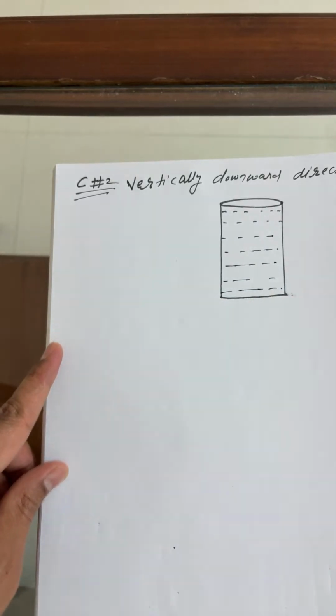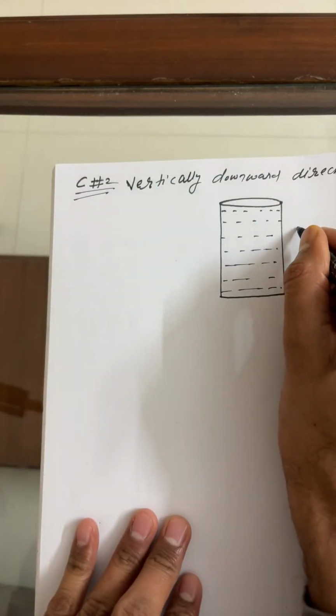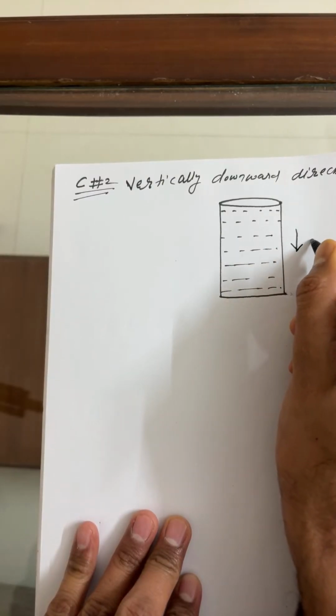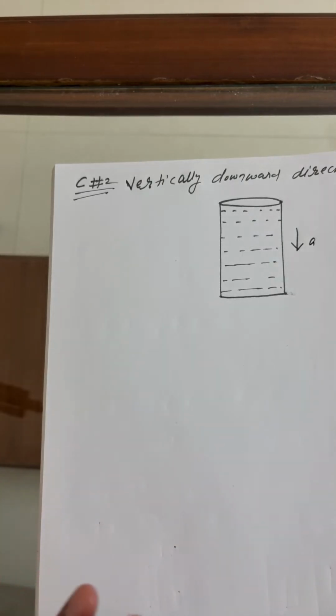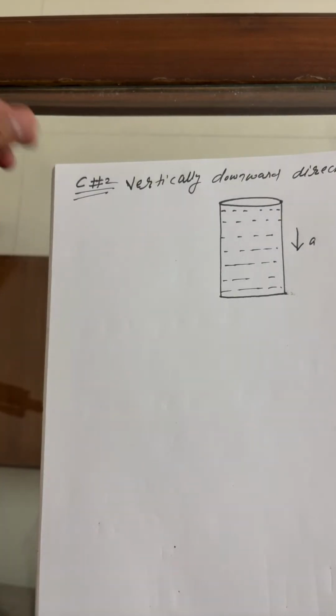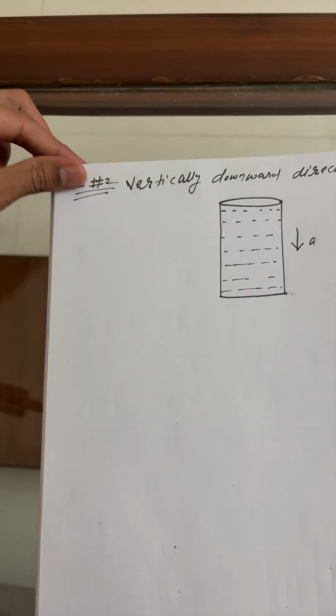Now what is the condition? The container is moving downward with acceleration a. Again we wish to find the pressure difference. For this condition, how can we find the pressure difference?